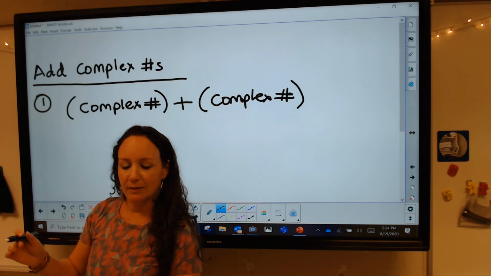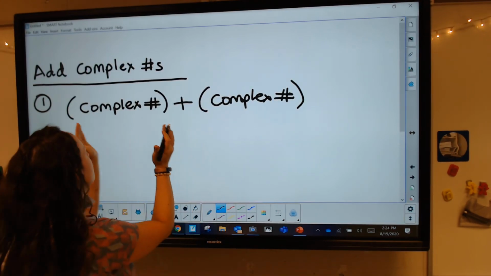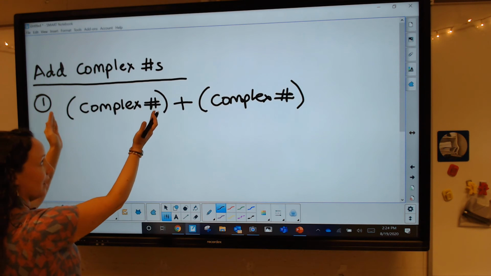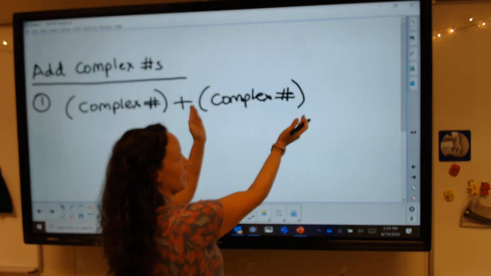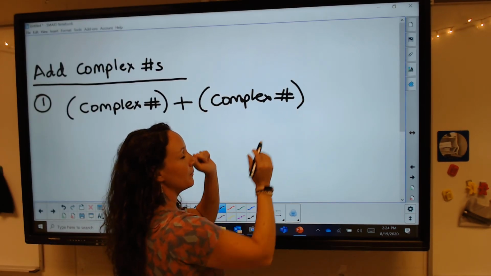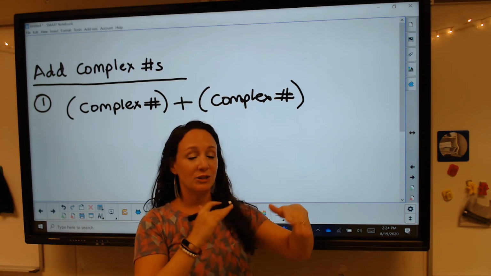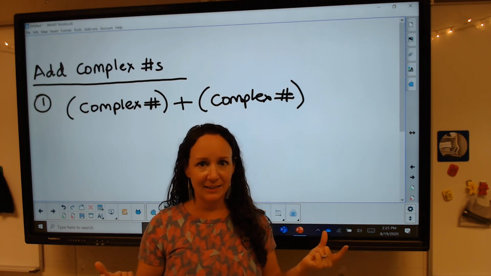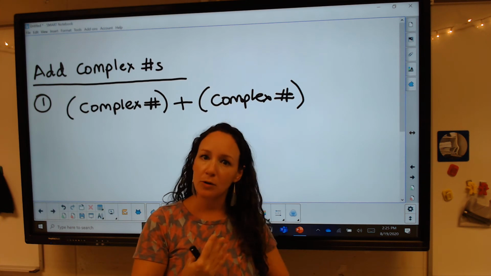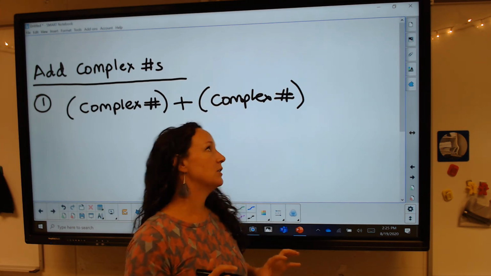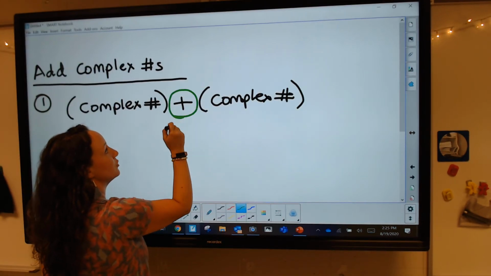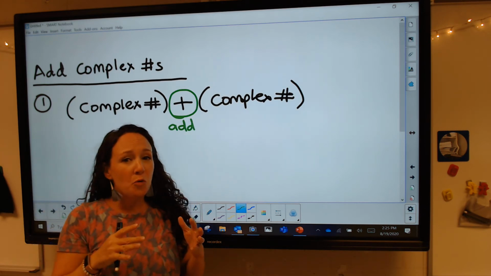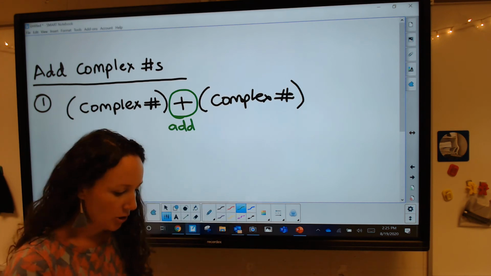They're just putting these parentheses around the complex number to say it's this complex number, a real and an imaginary part, plus this complex number, a real and an imaginary part. Be careful that you don't start distributing, because parentheses usually mean to distribute or multiply. That is not what they're asking you to do here. The big part of this is that this right here tells you you are going to add the complex numbers, or just add like terms.